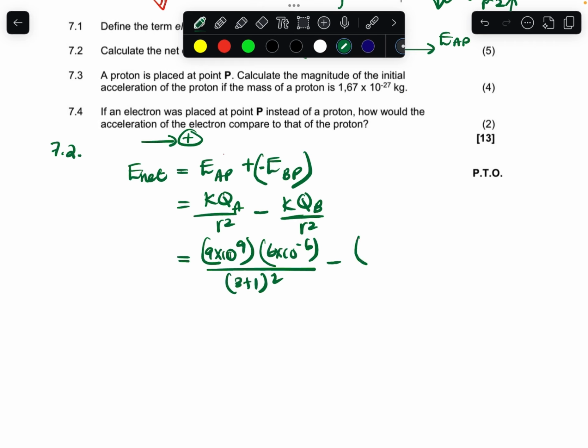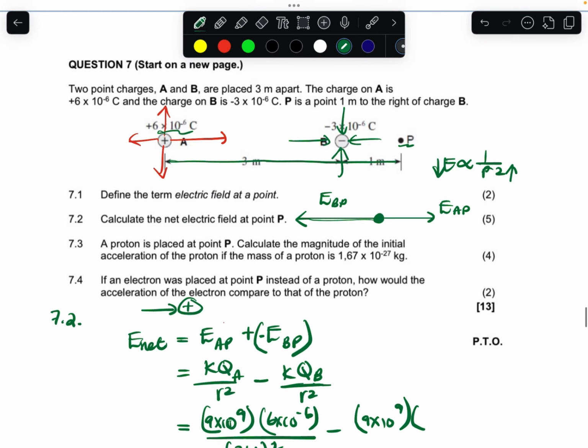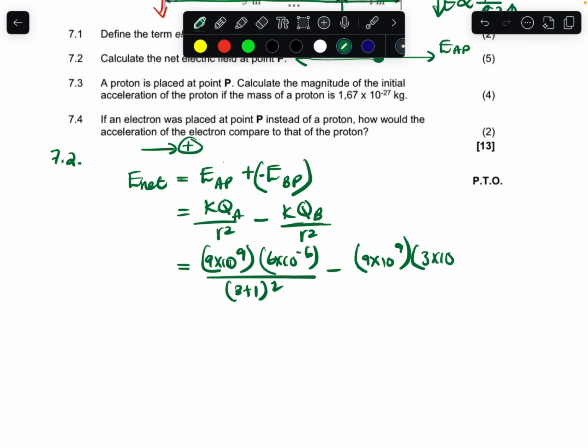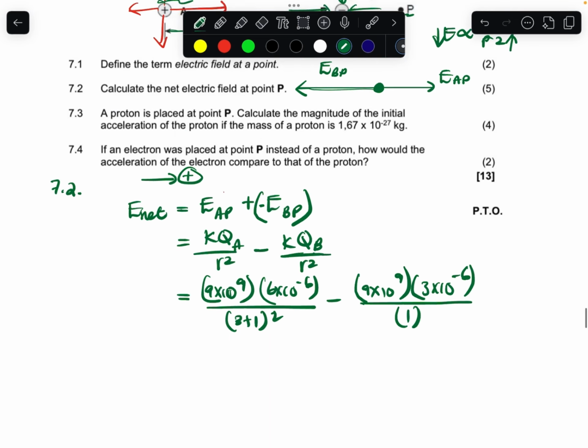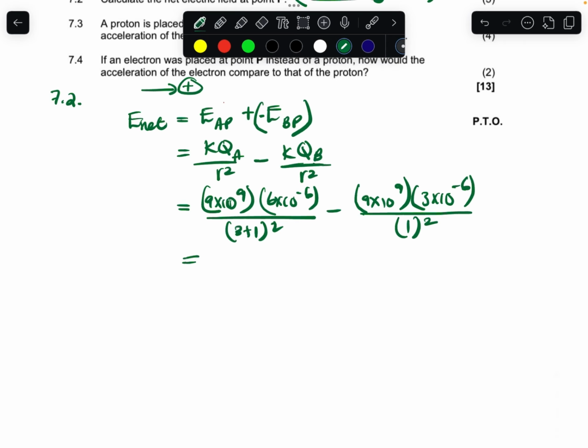And then the charge B, it's negative 3, but we don't put the negative, and the distance is 1. And then don't forget to square there. If you punch this in the calculator, you get 23,625 newtons per coulomb. And the negative that you're going to get there means it's 23,625 newtons per coulomb to the left.